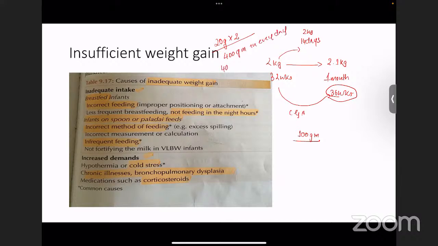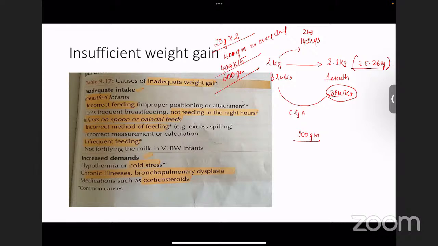So for 15 days, 600 grams she would have attained. So actually, her weight should be around 2.5 or 2.6 kg. But the mother is saying her weight is 2.1 kg.